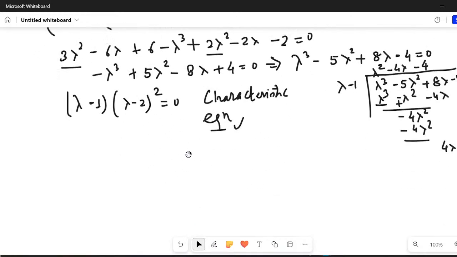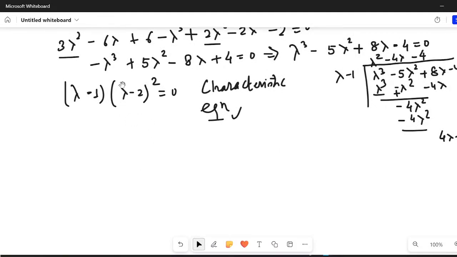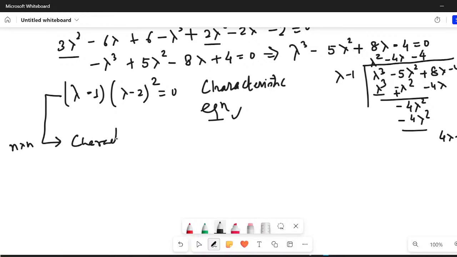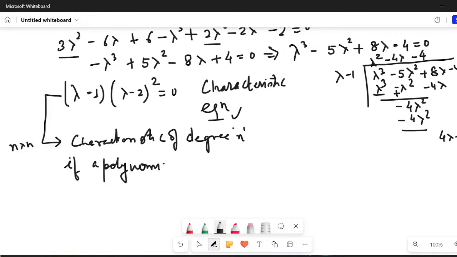Now I know that every matrix A satisfies its characteristic equation. And let us say I am discussing an n cross n matrix, then the characteristic equation is always of degree n. I told you that if a polynomial exists which gets annihilated by matrix A, annihilated means if I place my matrix A into that polynomial, it becomes 0.